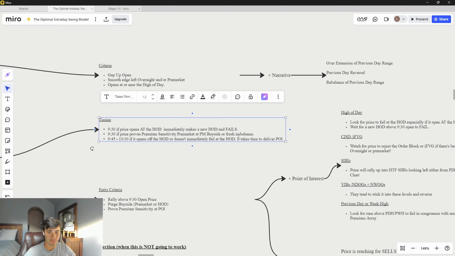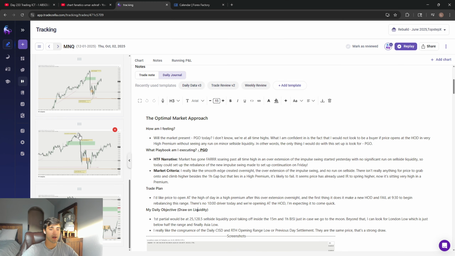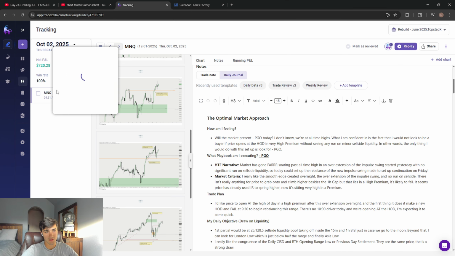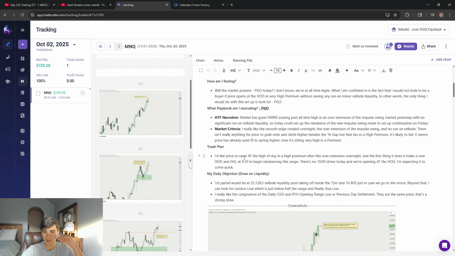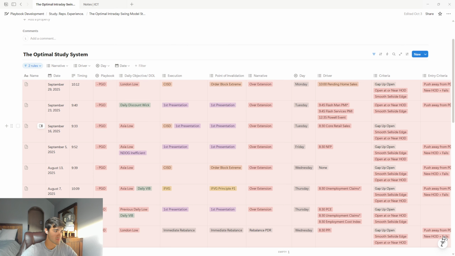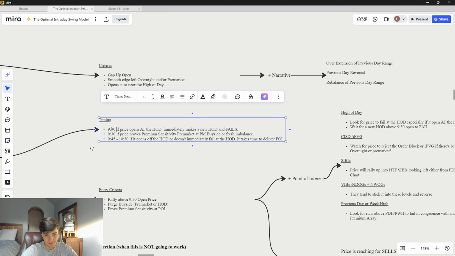This is extremely powerful, and this is the only reason why I was able to catch the move on Friday. Right here, I'm already on it because in my pre-market plan, I'm comfortable with this playbook, right? I have done the experience and the work behind understanding it through my backtesting system that I'm explaining to you right now. So I know that it's going to happen at 9:30 because we're opening at the high of day. So now the market is checking the box for this move to happen at 9:30.